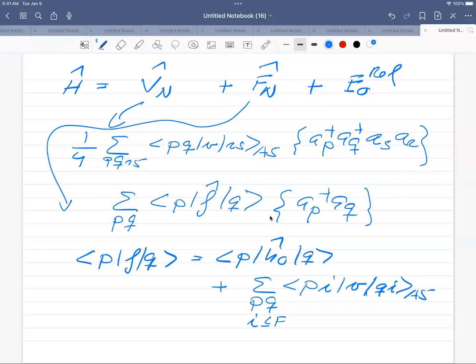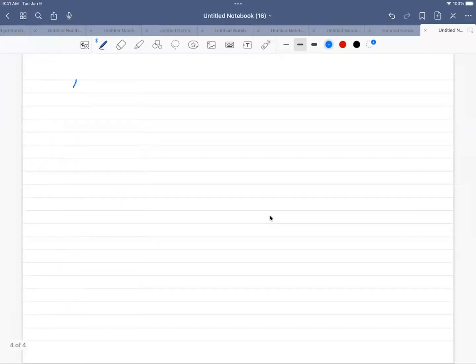And then the final piece which we have, this E reference, is actually our vacuum to vacuum expectation value of the original Hamiltonian which we have.